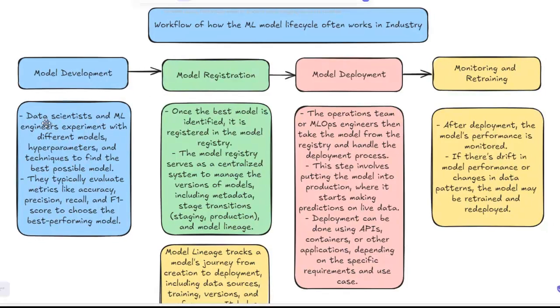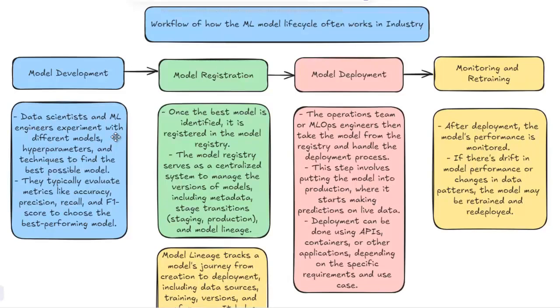Data scientists and ML engineers experiment with different models, hyperparameters, and techniques to find the best possible model. They typically evaluate models with metrics like accuracy, precision, recall, and F1 score to choose the best performing model.